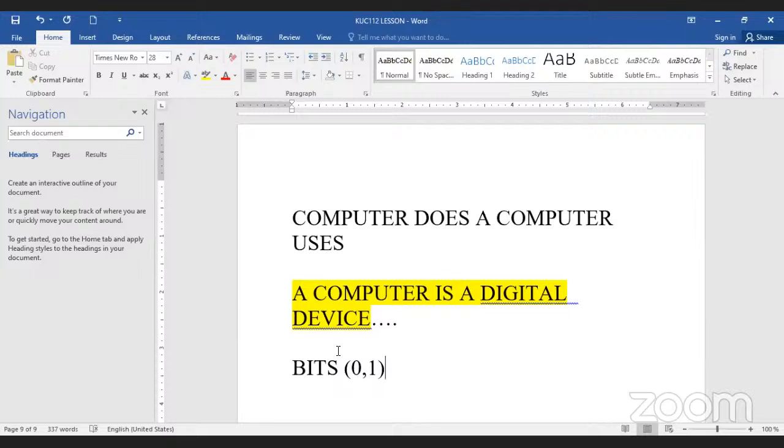So whatever we type to the computer, whenever we communicate to the computer using human language, we call it high level language.